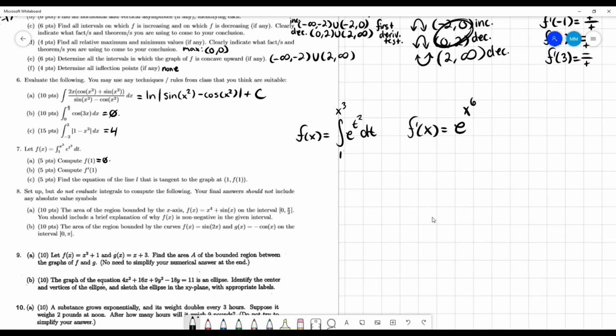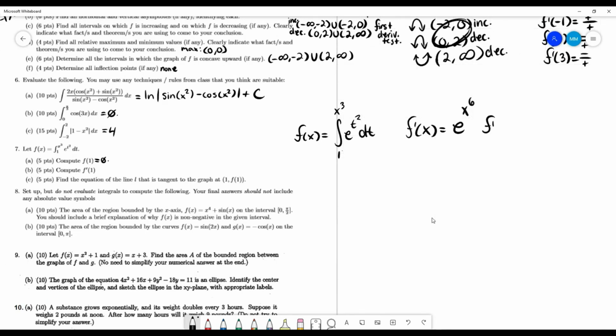Which means if I plug in a 1, f prime of 1 is going to be e to the 1 to the 6th, which is just e. Nope, I made a mistake. Backing up.